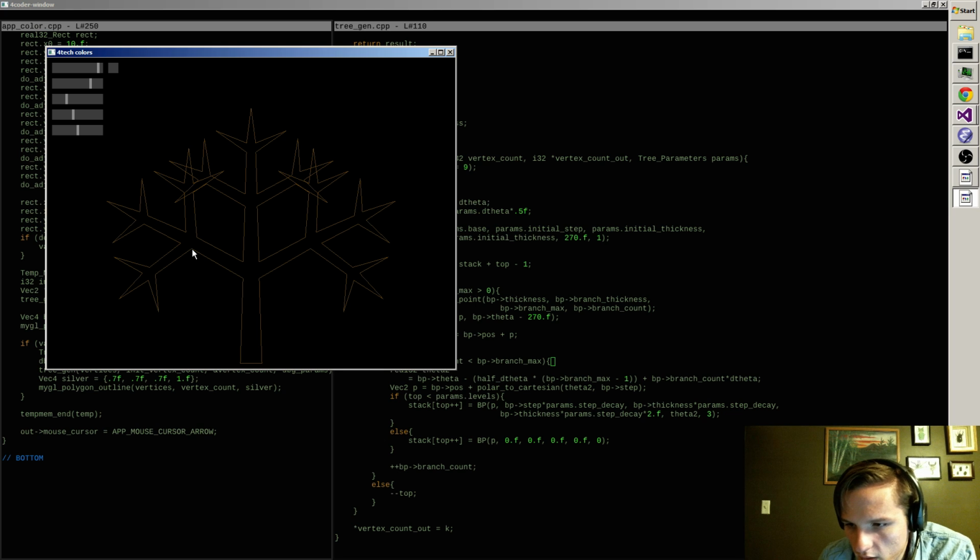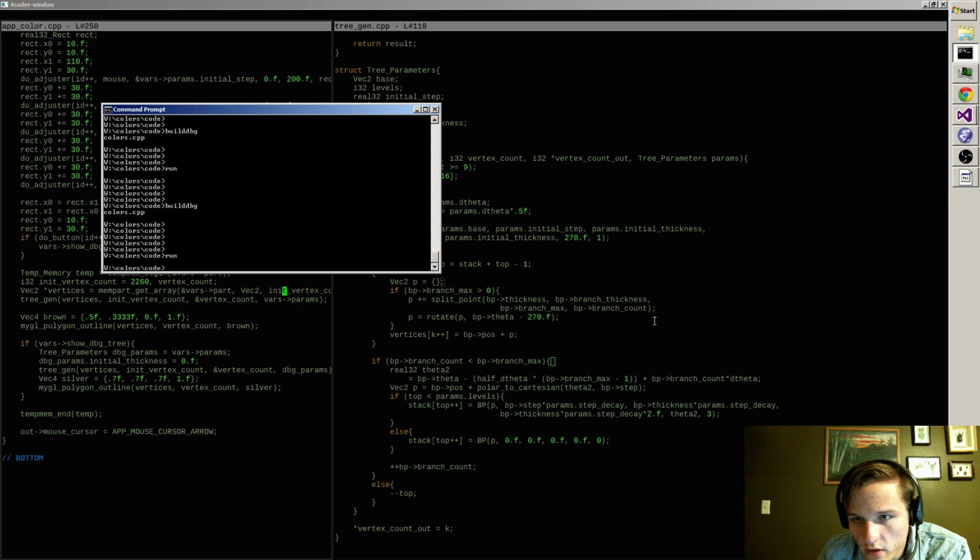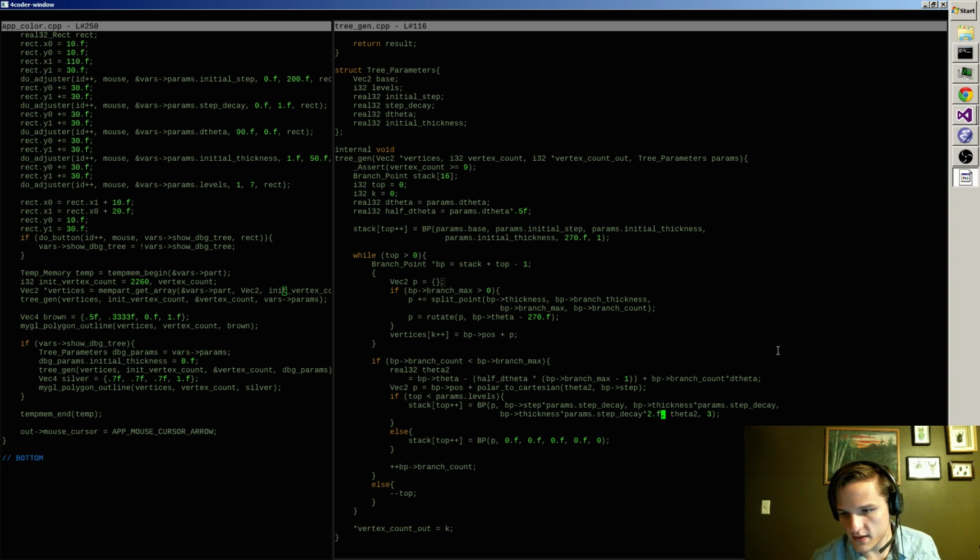No. Okay, so it's not decreasing by half each step. Right, so what I've really done is I made that just way bigger. What I should really do now is get around to separating this into thickness decay. Then I can explore that correctly.